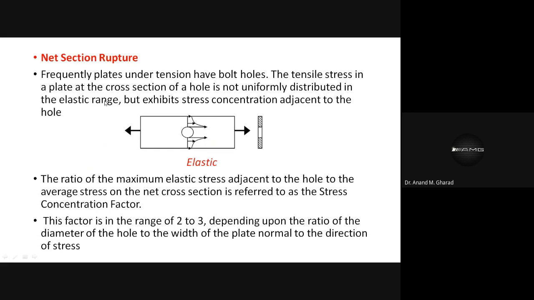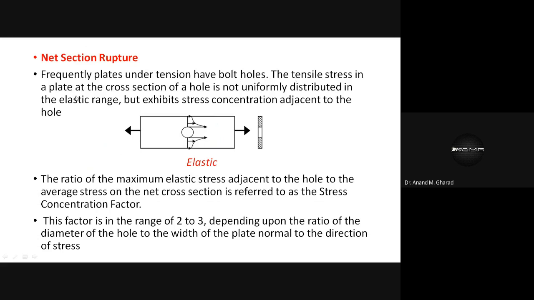And the plates which are under tension frequently have bolt holes, because most of the time you will see the connection to be made up of bolts or weld, or a combination of both, bolted and welded connection. So most of the time you will see the plates under tension have bolt holes.